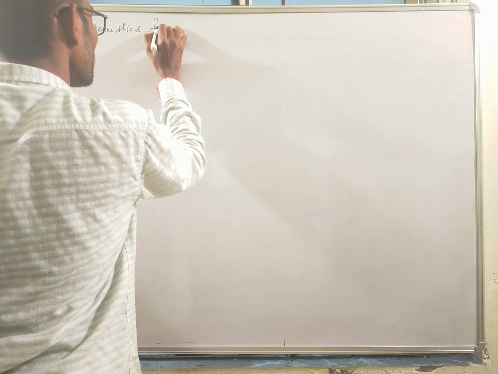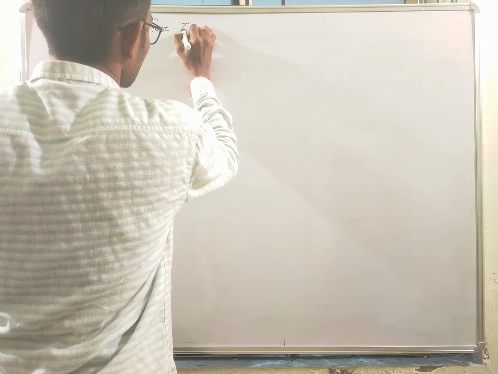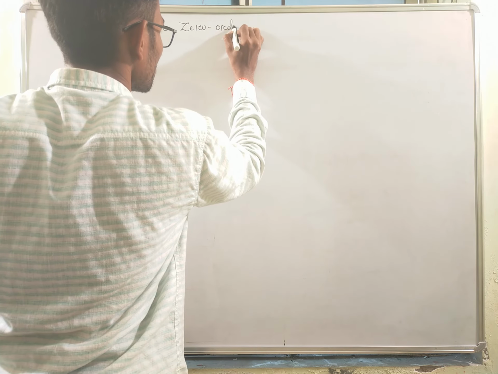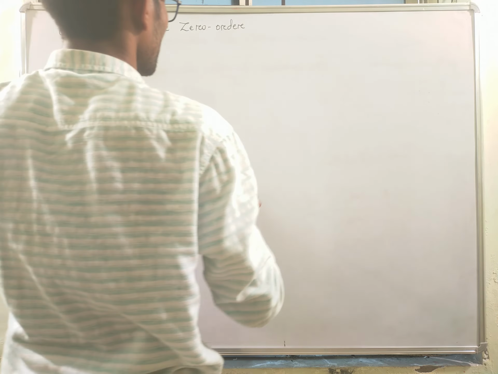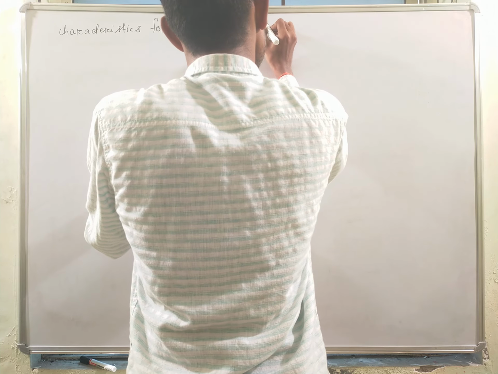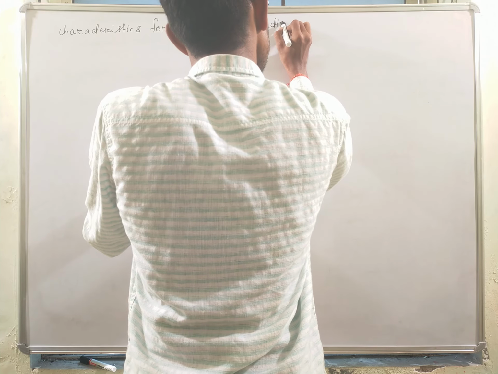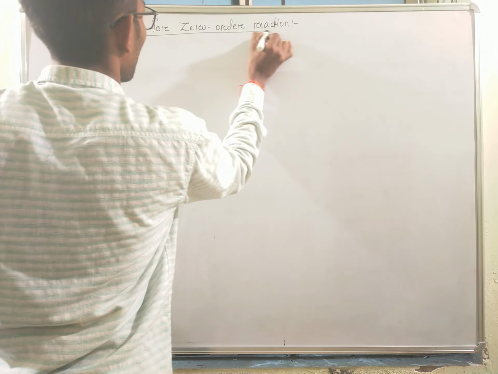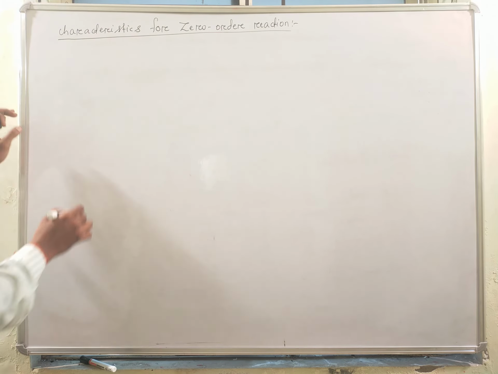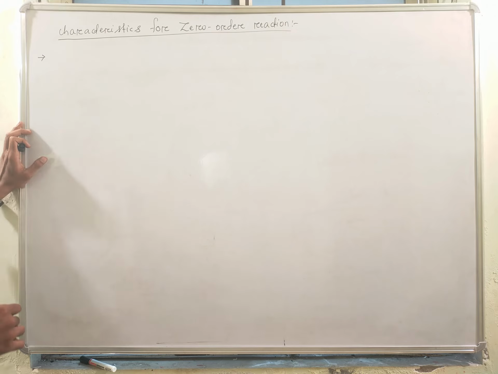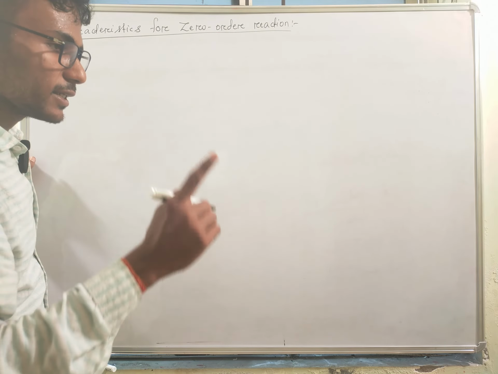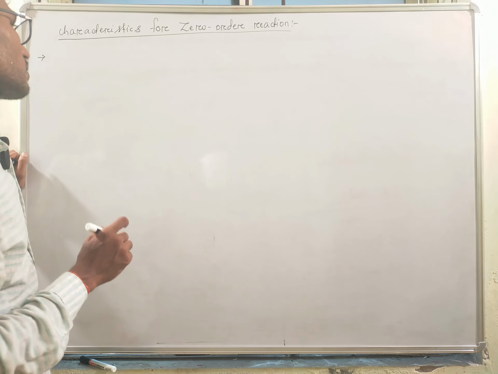Characteristics for zero order reactions. So what are the characteristics? The first characteristic is that in a zero order reaction the rate of reaction is independent of the concentration of reactant.